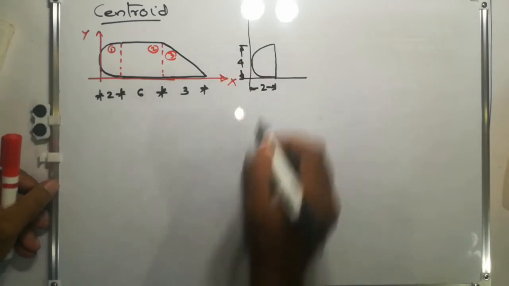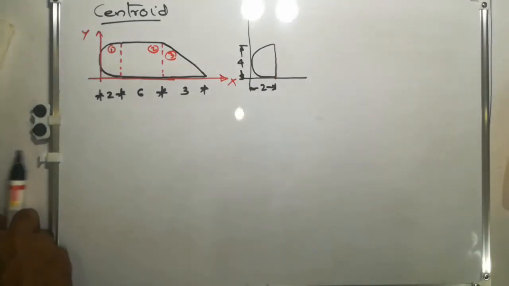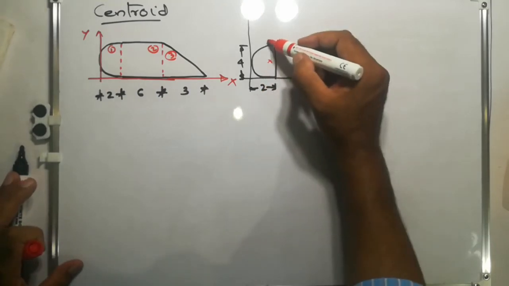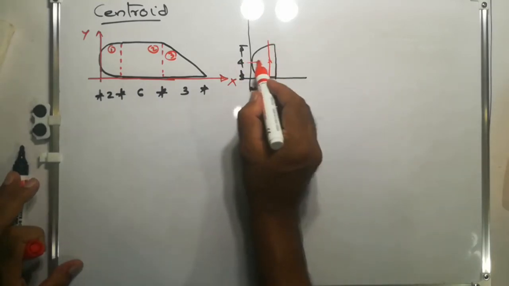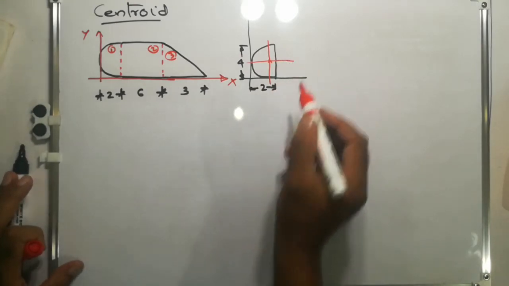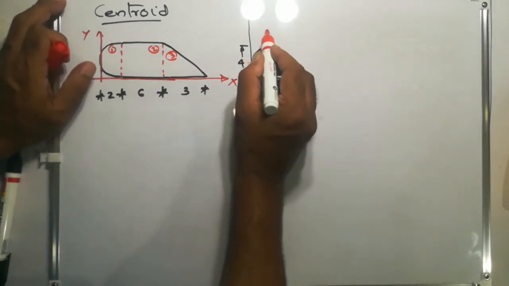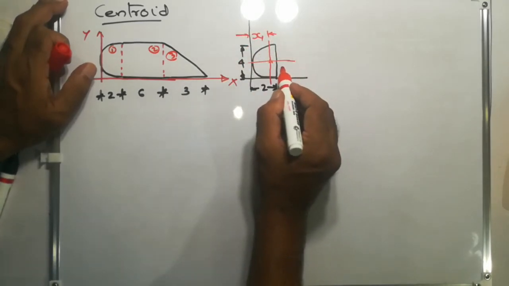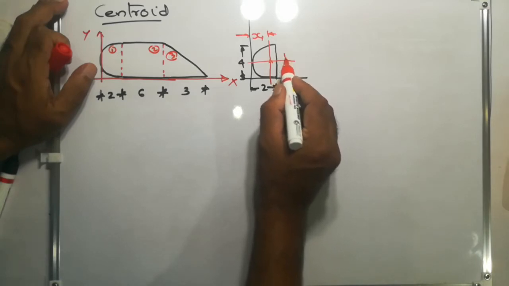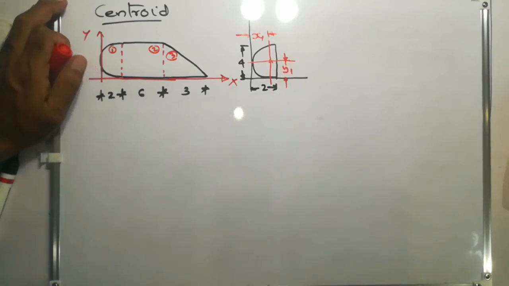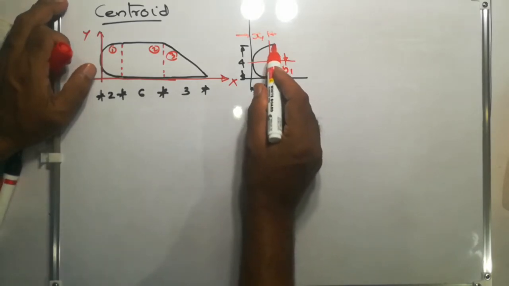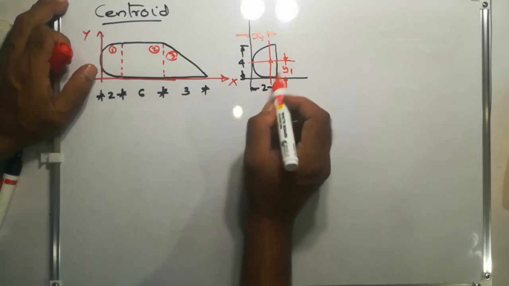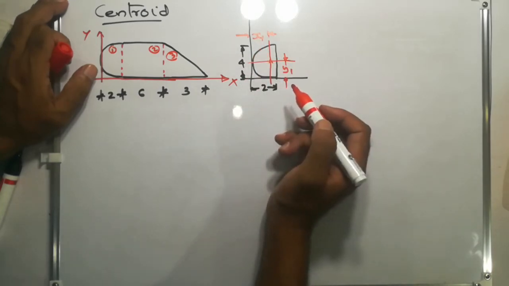Therefore the height of this area is 4 centimeters. Now its centroid will be somewhere here. In this figure this will be x1 and this will be y1, that is the distance of this area's centroid from the x-axis will be y1, and from the y-axis it will be x1.